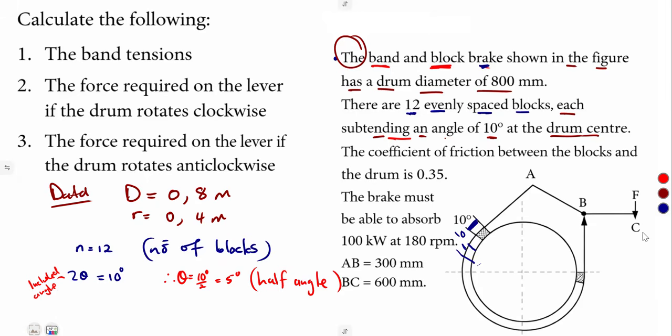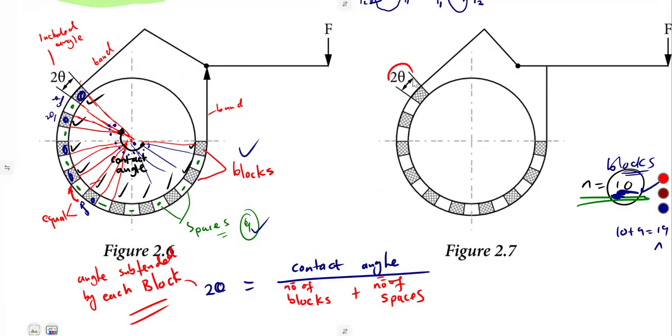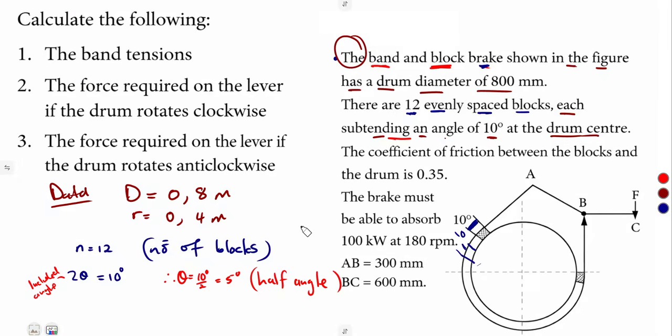Some other textbooks will refer to that as the half angle, which we want to avoid in terms of exam answering, guys. According to our introduction, that is your 2 theta, so you obtain the half angle from there.